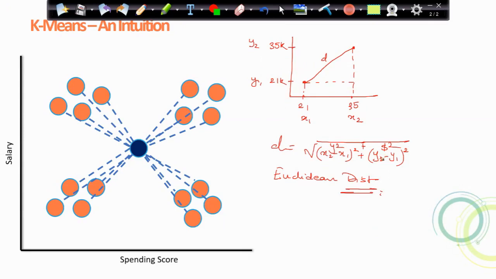However, 35,000 minus 21,000 is 14,000 square. So the distance will be approximately 14,000, because it is 14,000 square plus a very small 14 square. That means your salary is dominating your age. That is again a problem. To take care of that problem, there is a concept of feature scaling.